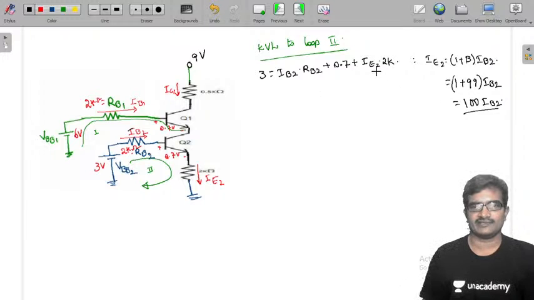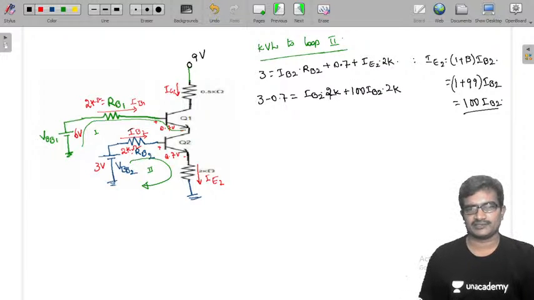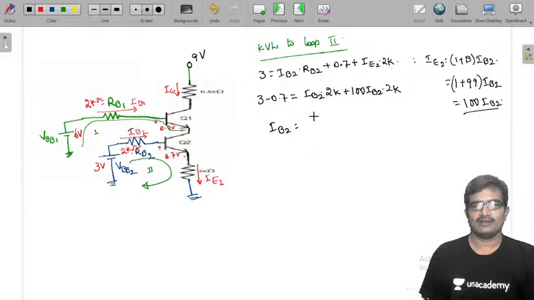Now substitute that here. Therefore 3 minus 0.7 equals IB2 into RB2 value of 2K plus IE2, which is 100 IB2, into 2K. That is 200 plus 2, 202. So IB2 is 2.3 by 202 kilo ohms.